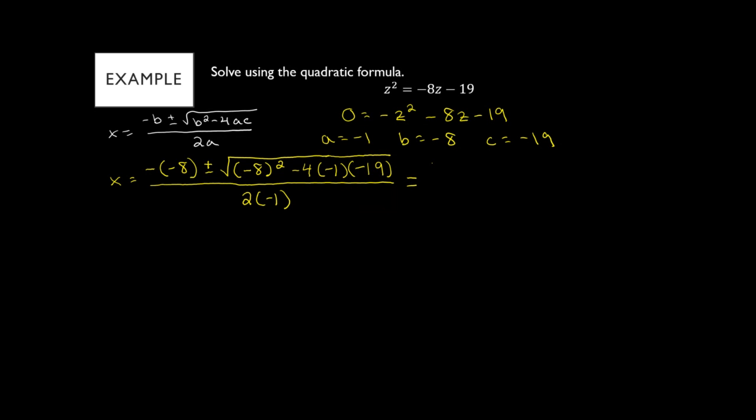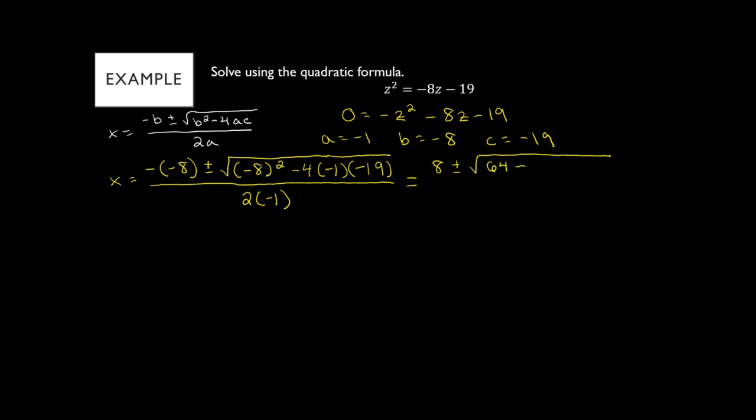So looking at what we have, I have a -8. So those two negatives cancel. So I have a +8 and then my plus or minus. Now I'm going to have my long square root. So I need to square -8. Squaring a negative gives a positive. So that's going to be a +64. And then I have a -4 times a -1 times a -19.